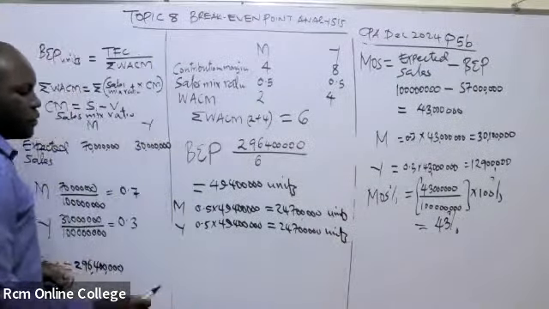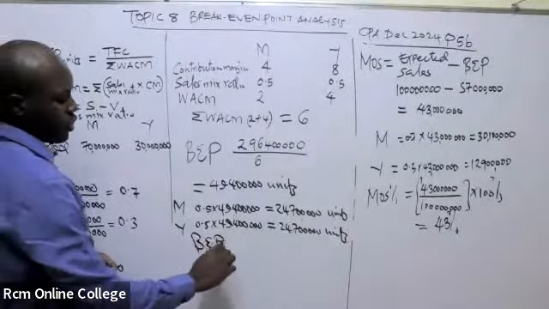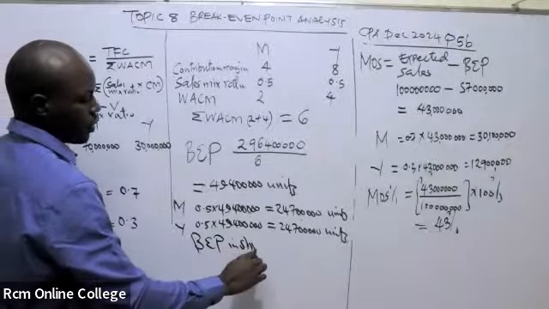Are you able to give me the break-even point in shillings for each product?